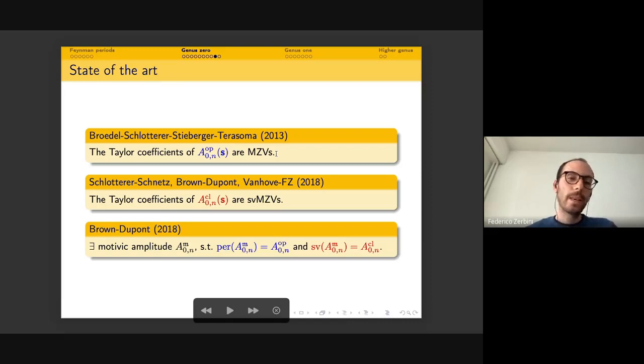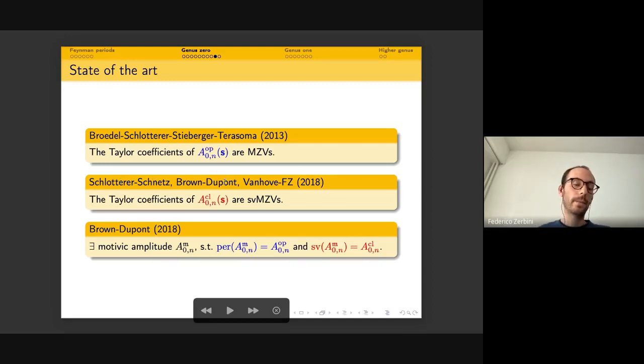This is proven with some standard techniques. But it was harder to prove the closed string analog of this theorem, that the Taylor coefficients of the closed string amplitudes at genus 0 are single-valued multiple zeta values. And there are 3 different proofs of this, all found in 2018. One is by myself and Pierre Vanhove, one is by Francis Brown and Clément Dupont, and one is by Oliver Schlotterer and Oliver Schnetz.